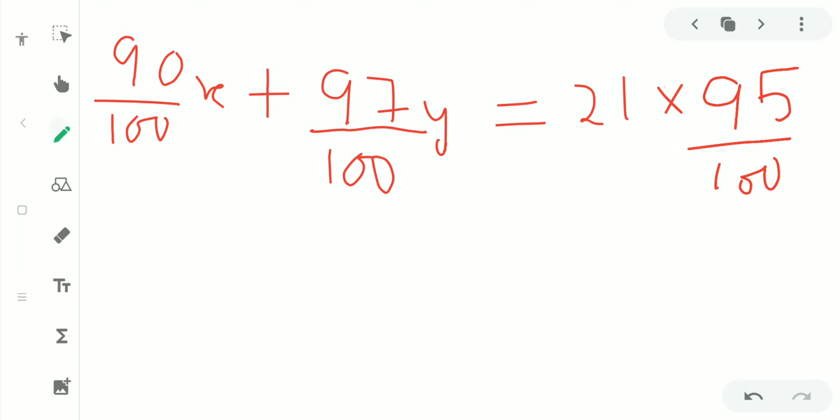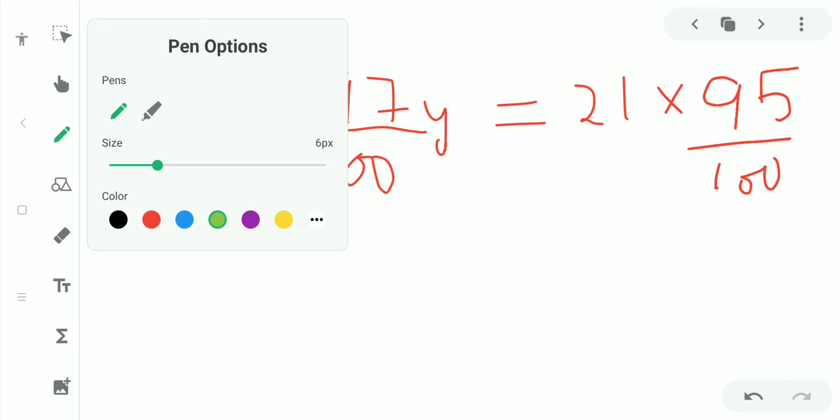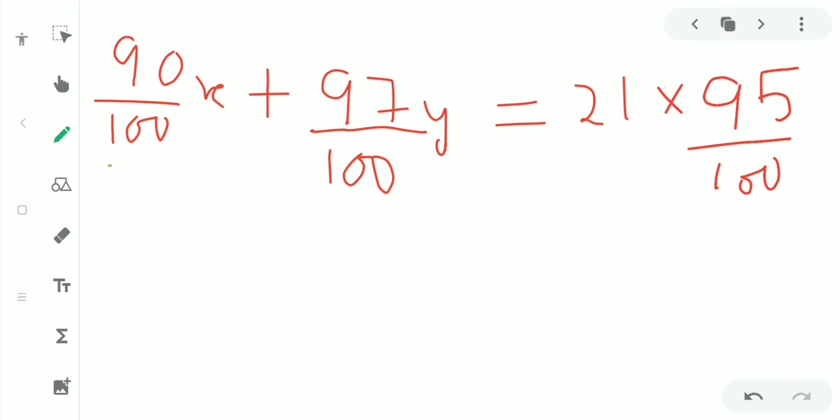So let us now solve them. Here you can see we are getting 100 and 100, so no need to take the LCM. The LCM is nothing but 100.